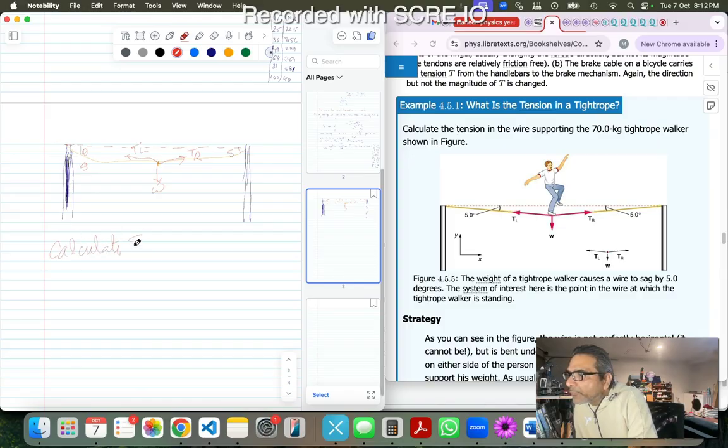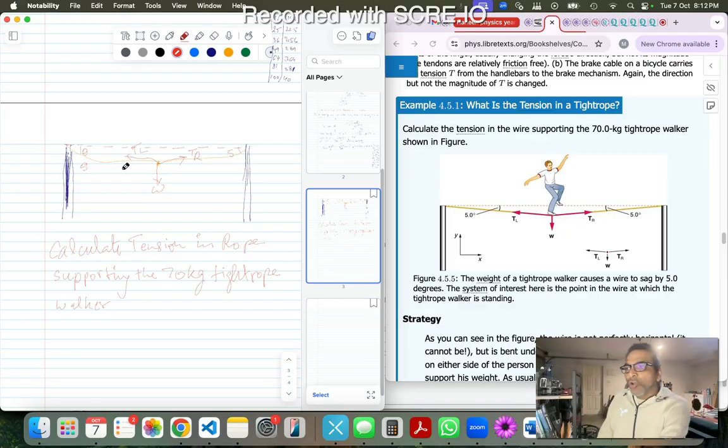Calculate the tension in the rope supporting the 70 kg tightrope walker.